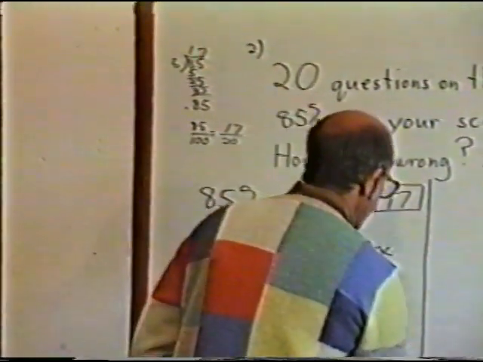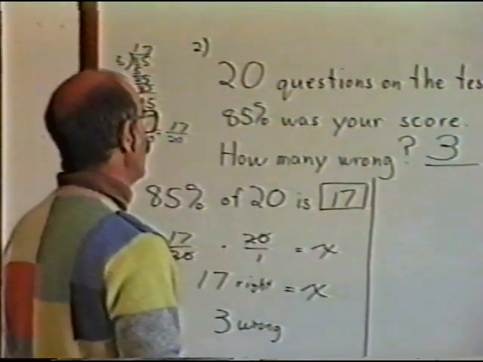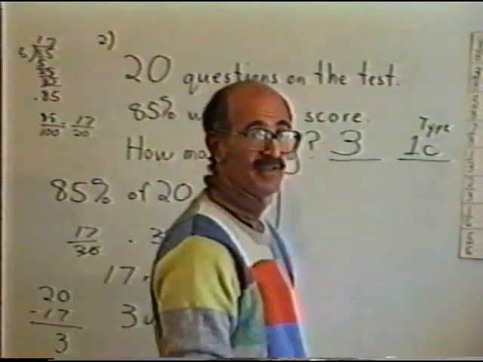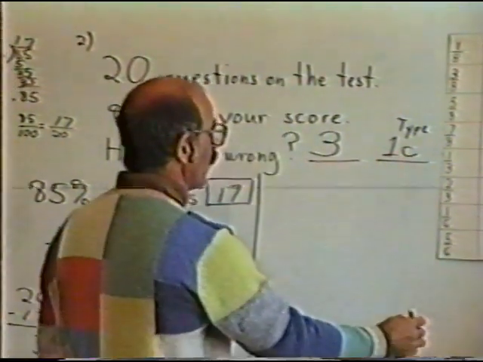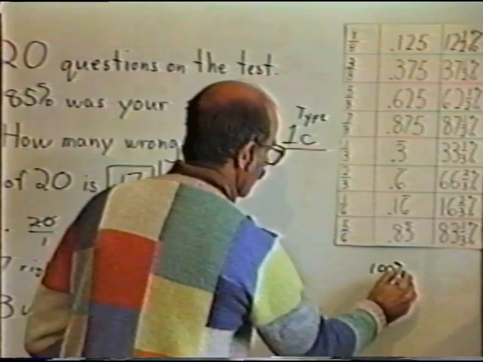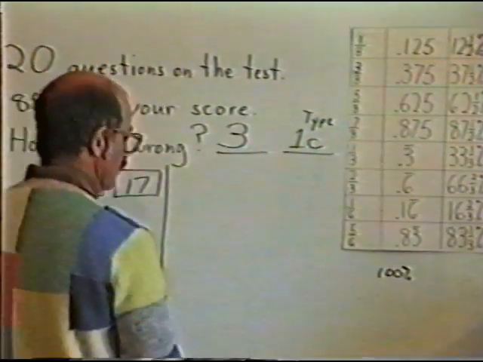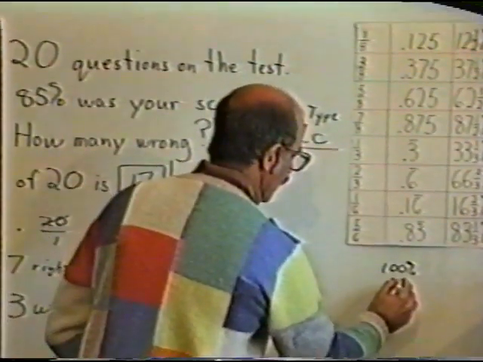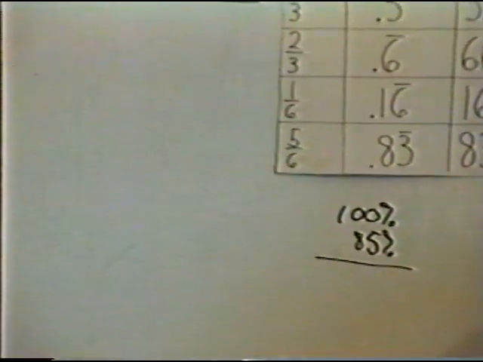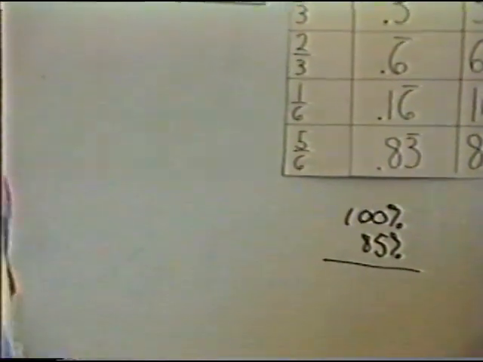Suppose we want to take care of that curveball first. If we got everything right on the test, we would have gotten 100% right. But our score was only 85%. What percent was how many we got wrong?